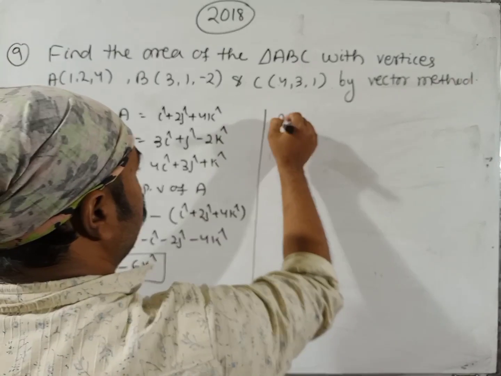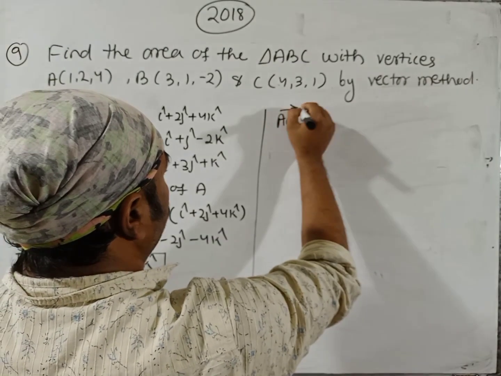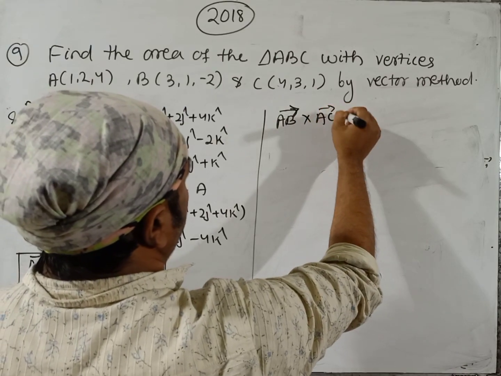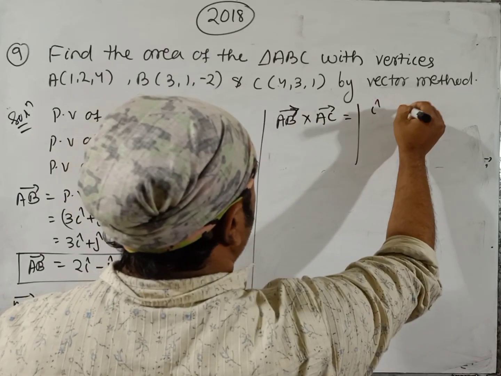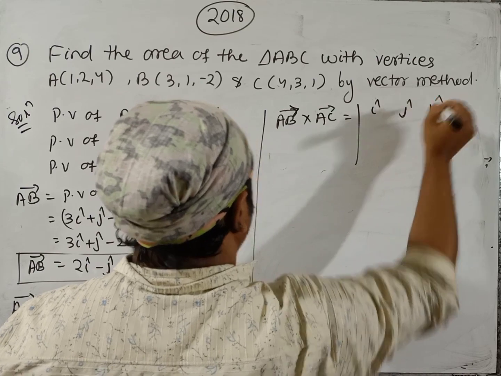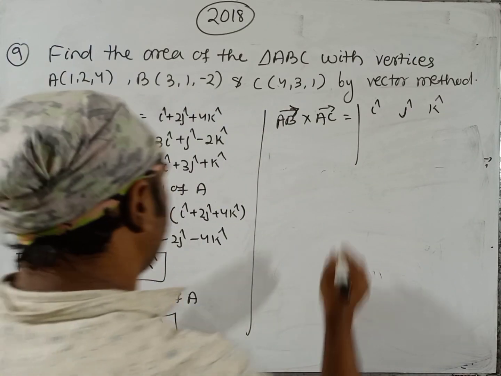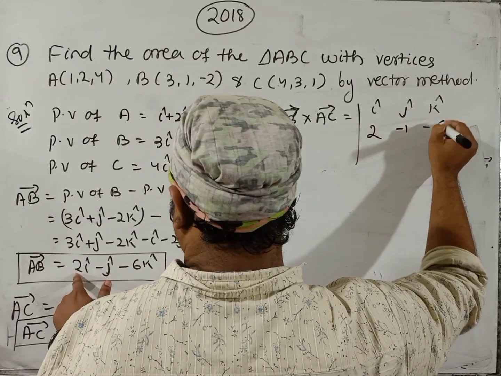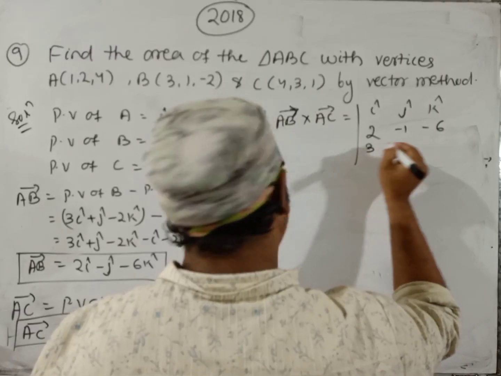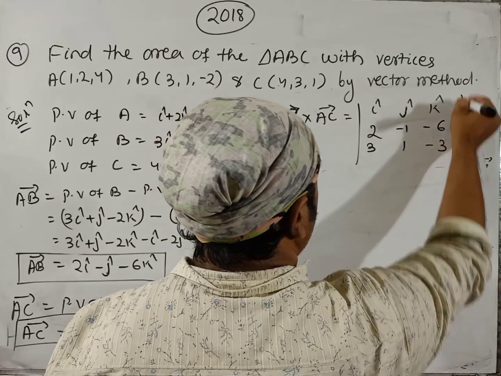Then you have to find out AB vector cross AC vector. i cap, j cap, k cap; 2, minus 1, minus 6; 3, 1, minus 3.